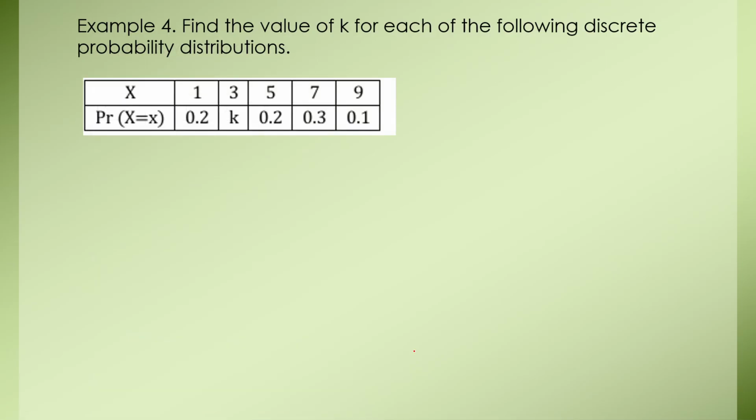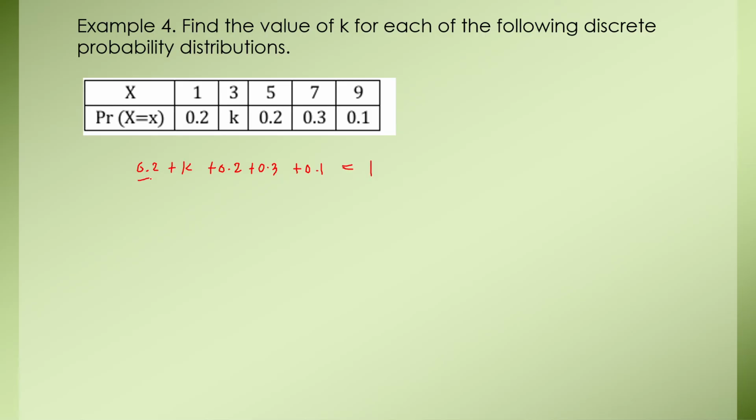Okay, the next one is to find the value of k for each of the following discrete probability distributions. Since we already know what a discrete probability distribution is, we're going to solve for this one. The characteristic of a discrete probability distribution is that it should sum up to 1. So we have here 0.2 plus k plus 0.2 plus 0.3 plus 0.1, equal to 1.